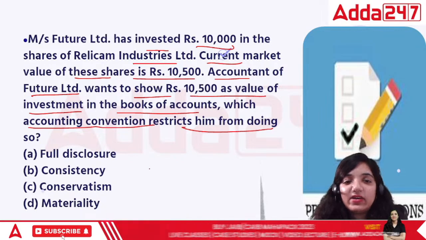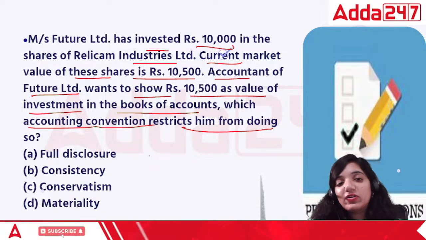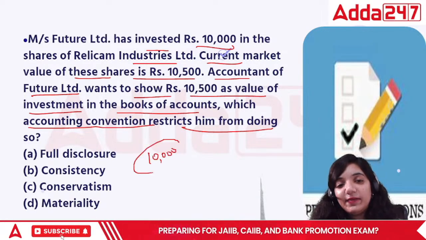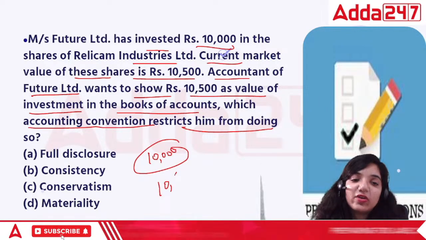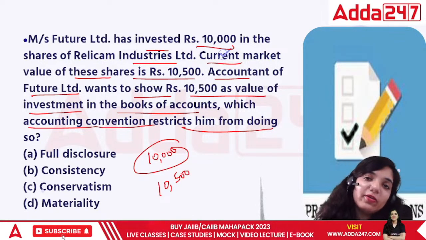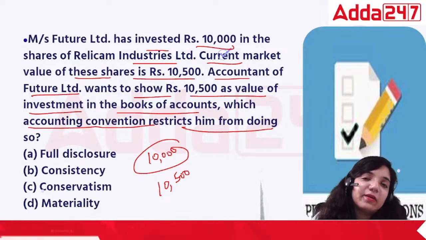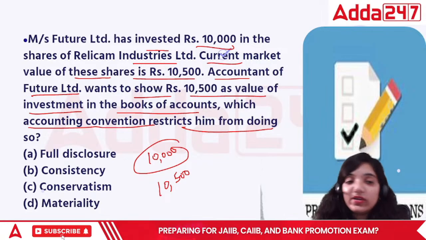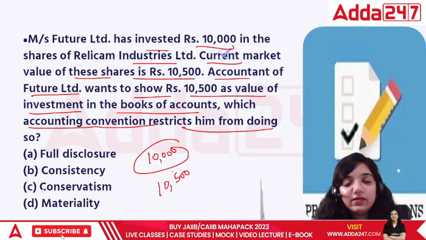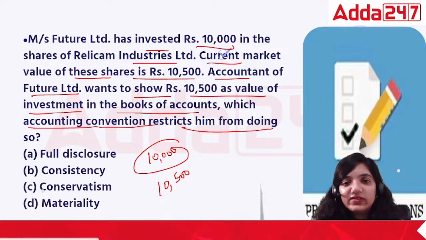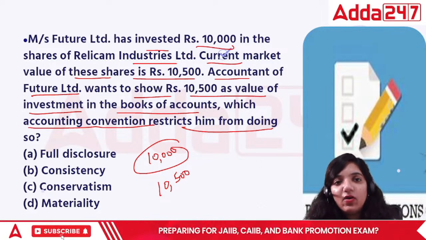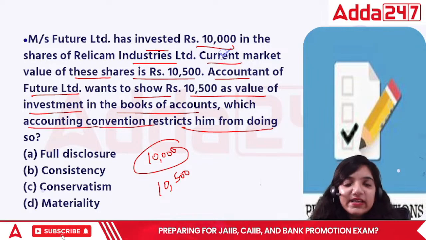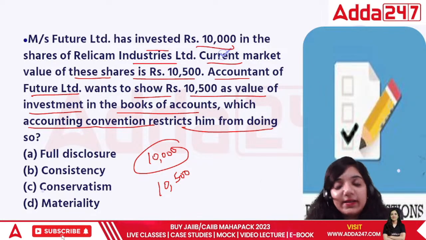See, the point is, if I got a share of rupees 10,000 today, and by the end of this day it is going up to 10,500. Tomorrow it will go to 10,700, maybe it will come back to 9,500. It is going to keep on changing in any case. Is it the full disclosure principle, consistency, conservatism, or materiality?